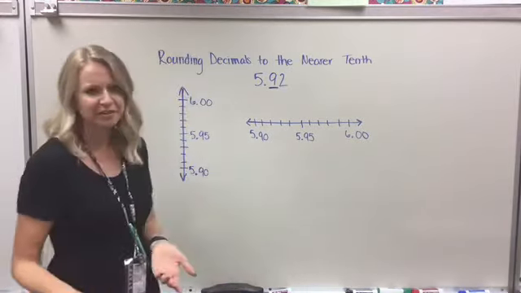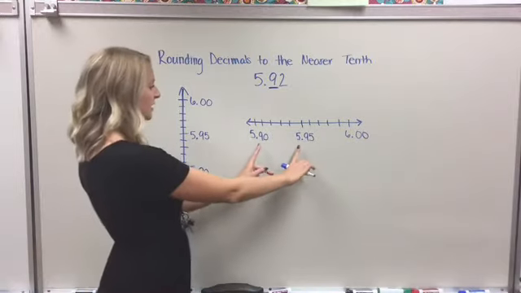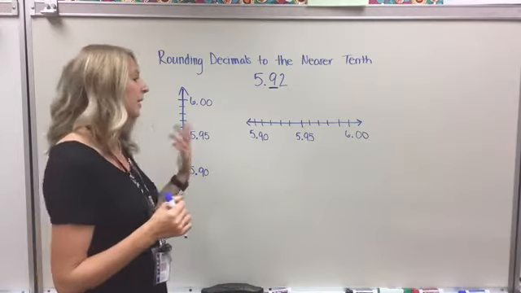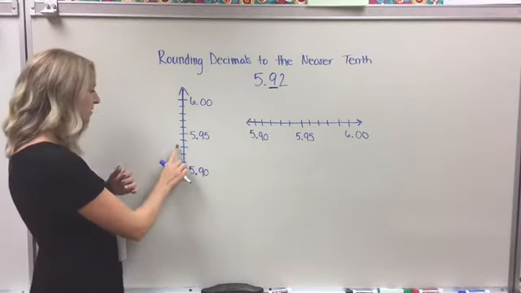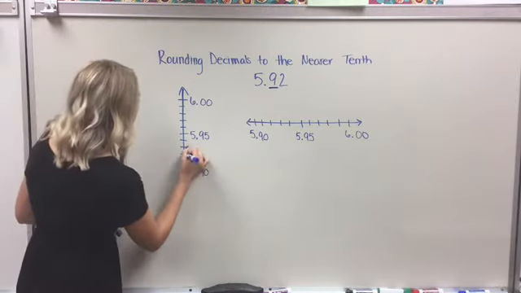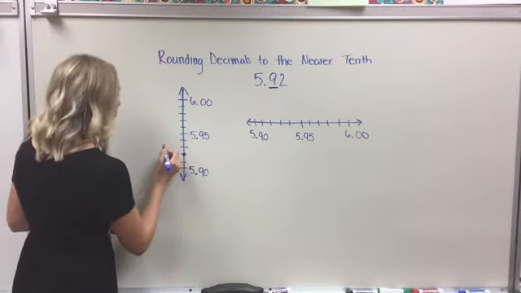Well, I know that 5 and 92 hundredths is going to fall in between 5 and 90 hundredths and 5 and 95 hundredths. And now I can go ahead and use my tick marks to help me identify the location of that number. So right here, I would have 5 and 92 hundredths.